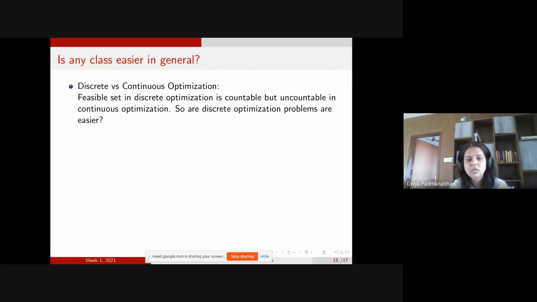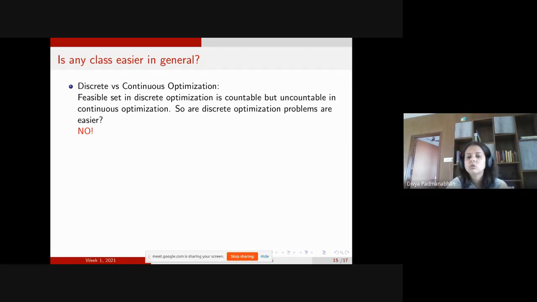It's actually uncountable. Whereas if you take discrete optimization, or even the vertex cover problem, if you remember, you had to enumerate all 2^V combinations. 2^V is exponential, but it's still finite, so it's countable. So in that sense, is discrete optimization easier? One might think that is the case, but really that's not.